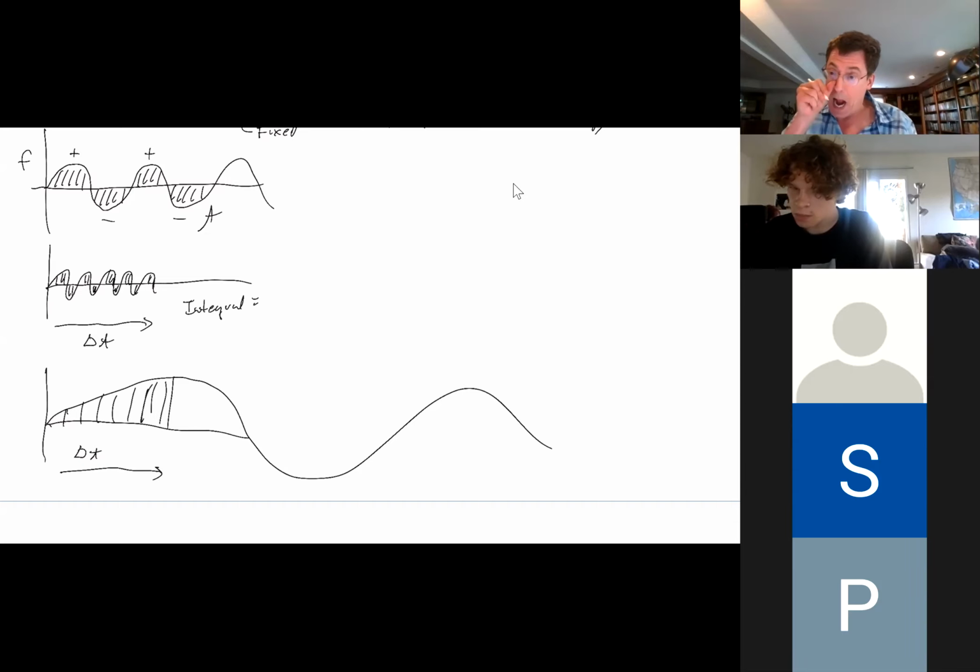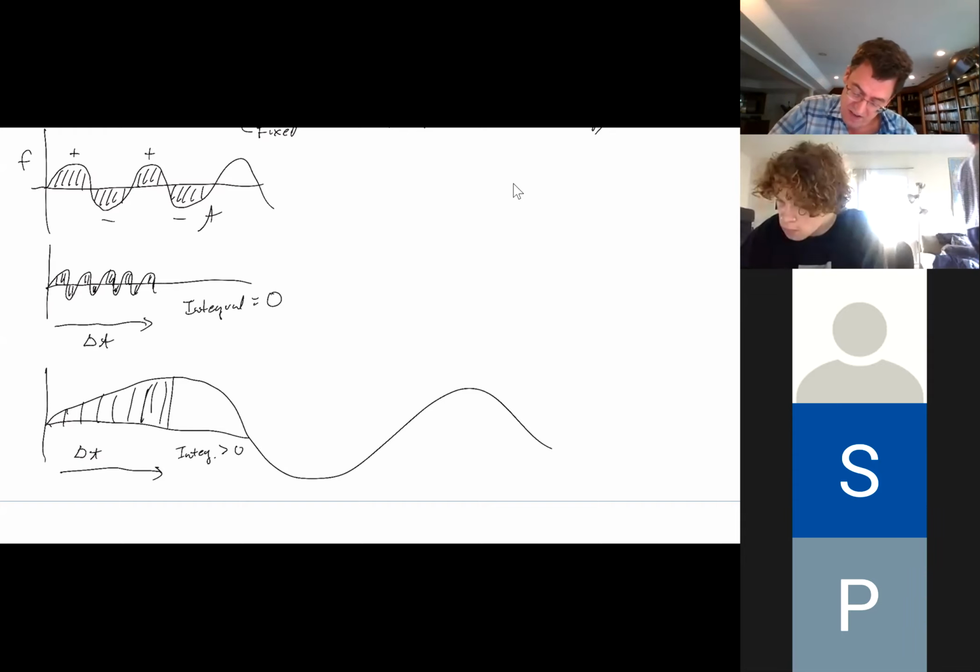And for the slow case? The fast case would be zero and the lower one would be non-zero? Exactly. The integral is greater than zero. So fast ones integrate to zero, slow ones integrate to non-zero.